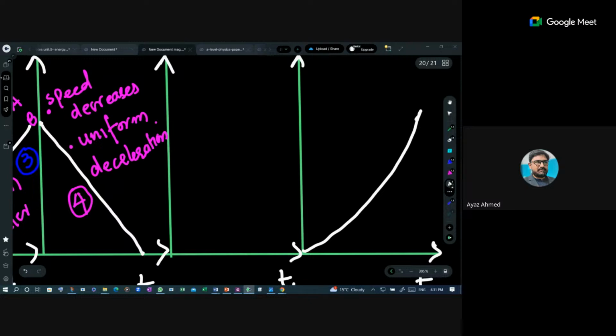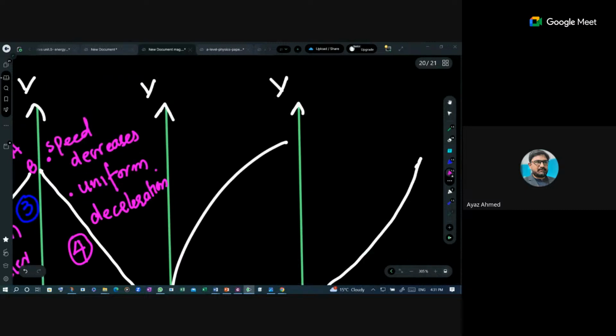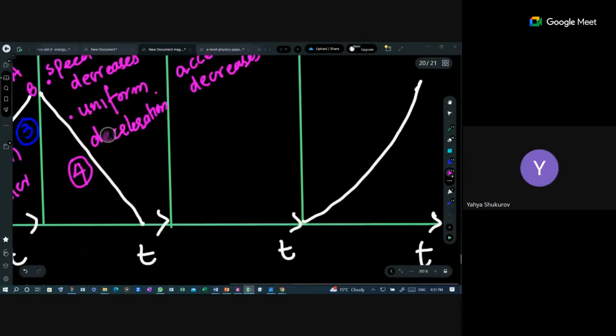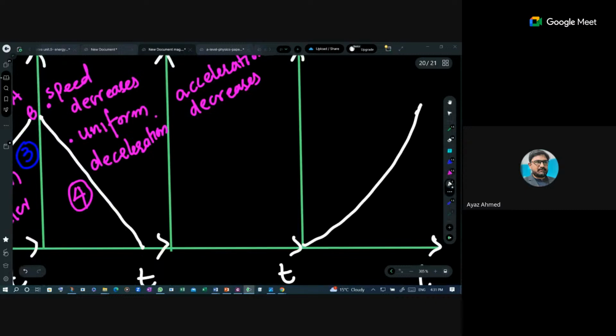Now these two graphs are the additional ones because they were not in the displacement time graph. So here they are the additional ones. This one has a decreasing gradient. Decreasing gradient means its acceleration decreases, right? I will draw it in a more precise way.